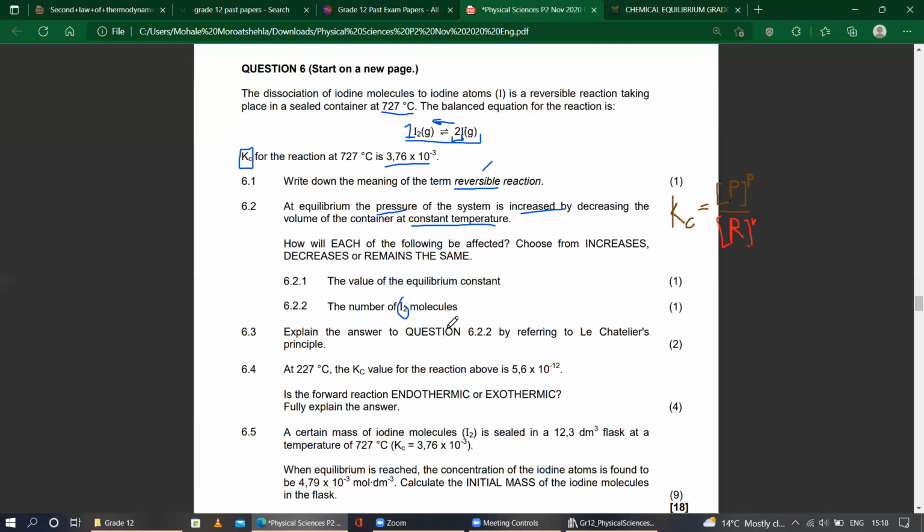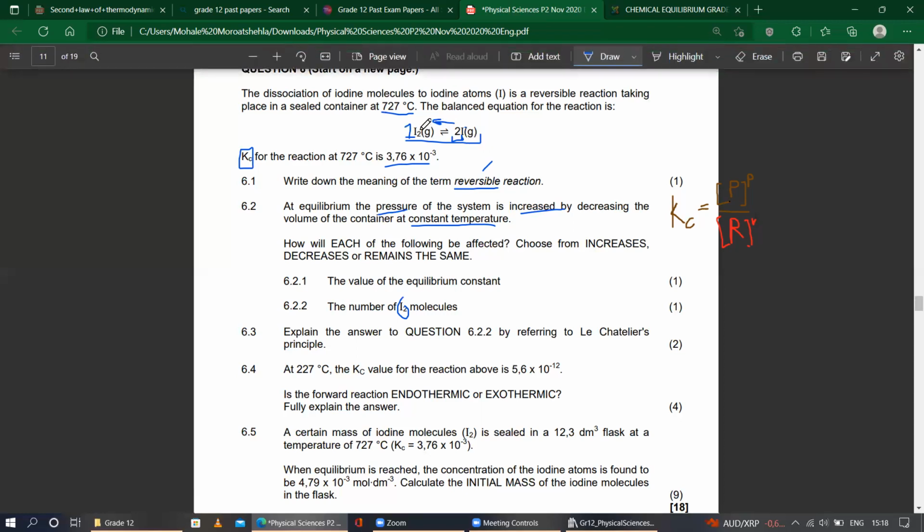You decide that if pressure is increased, it's going to go to the side with fewer moles. So that means this is going to increase.